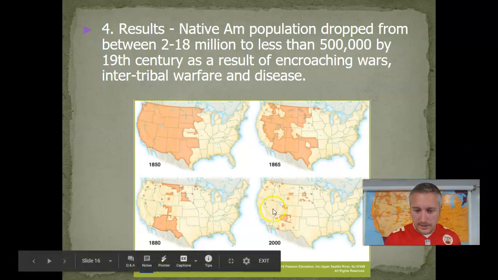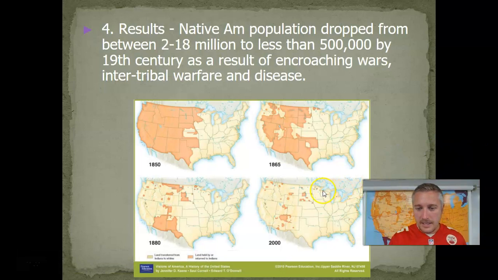I don't know if you've ever been to this part of the country, northern Arizona. It's nothing but desert. You look at South Dakota, North Dakota. At least that's plain land, but a lot of that's very rocky, and the Black Hills there. So this was not necessarily the best land, even still today, that they've been forced into.